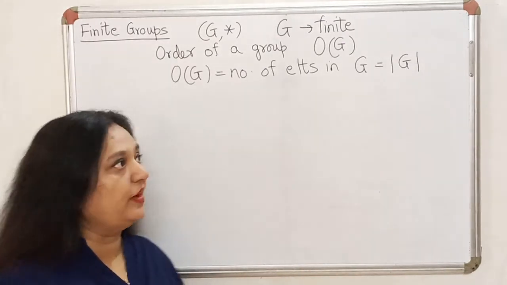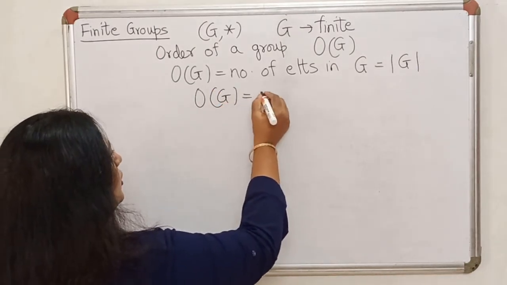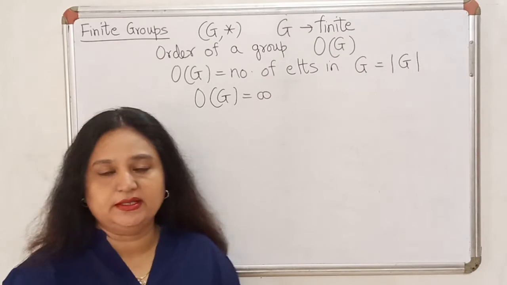If the group is infinite, then we say that the order of G is infinity.